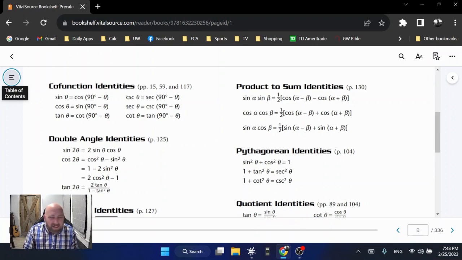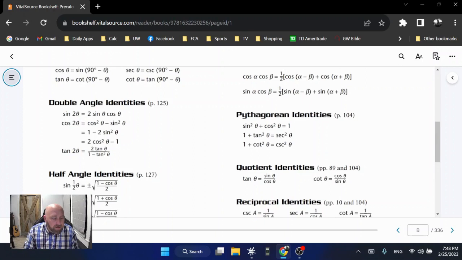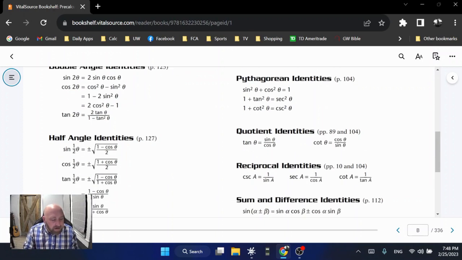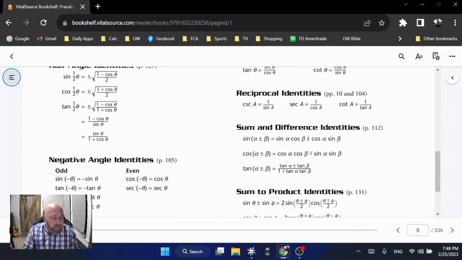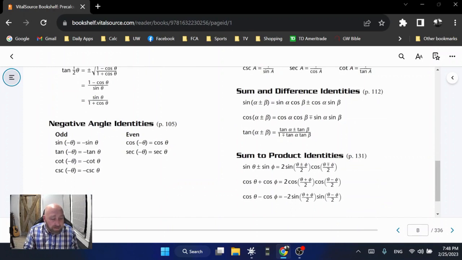Look, sine, and this is just using what's called theta instead of A. So don't get scared about that. Theta is just a different way of saying A. So cofunction identities, product of sum identities, Pythagorean identities, double angle identities, quotient identities, half angle identities, sum and difference identities, negative angle identities.